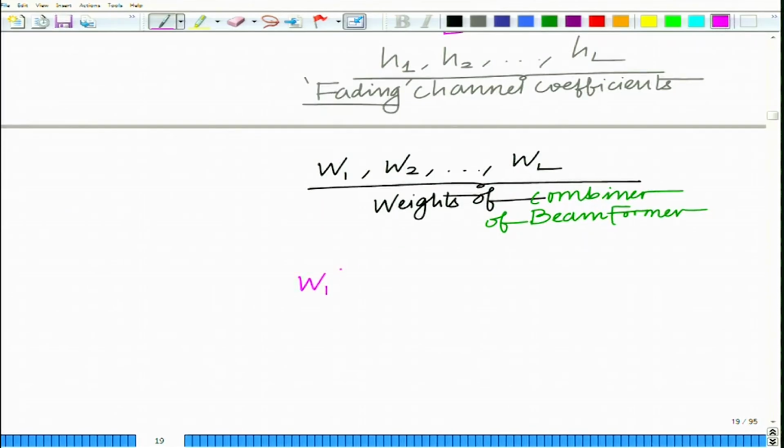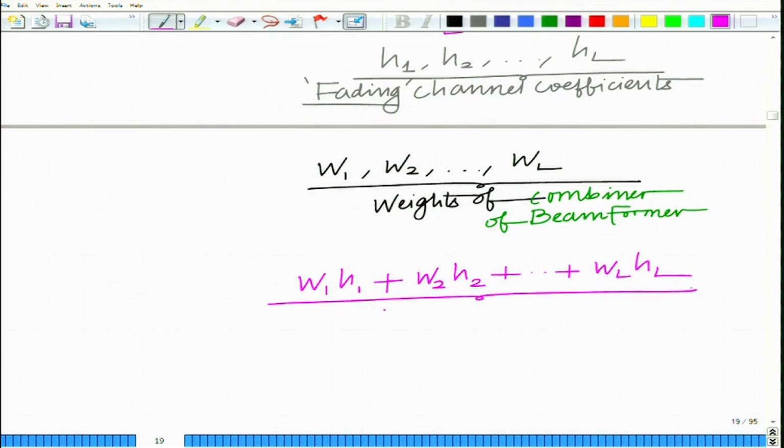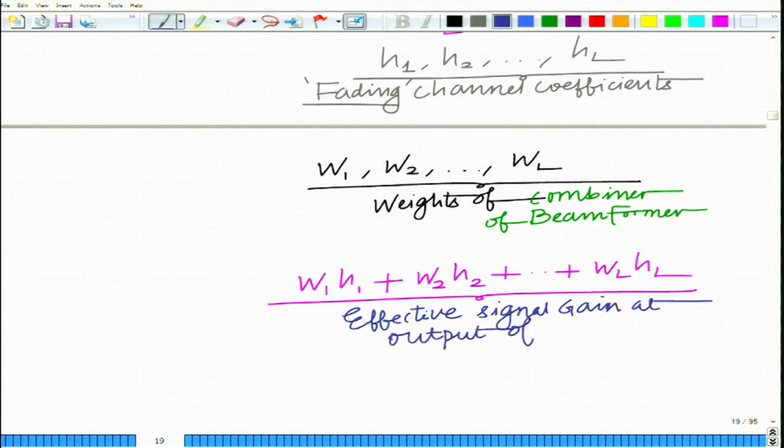So, we are performing a linear combination of the signals, and therefore, if you look at the effective signal gain at the output of the combiner, that will be the weights times the corresponding channel coefficients and the sum.